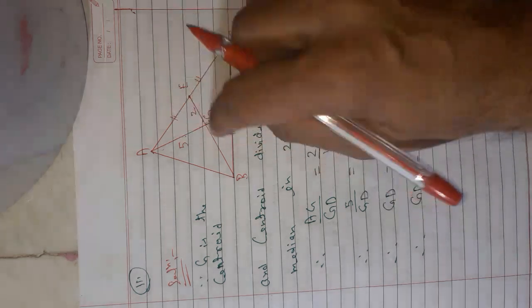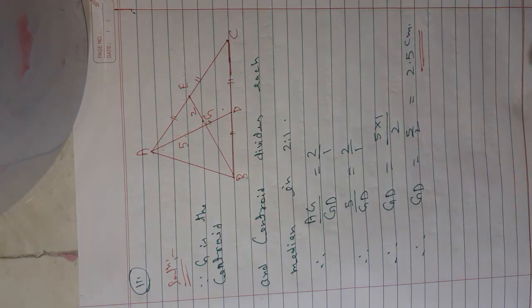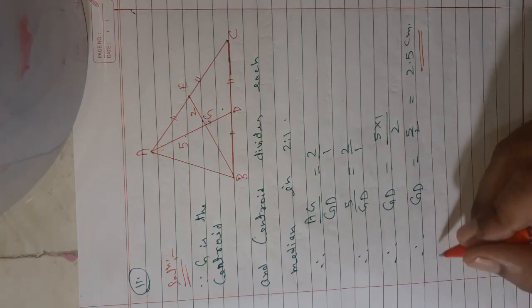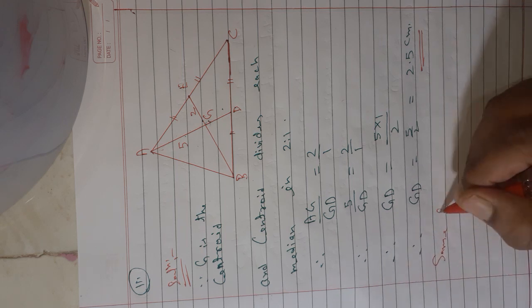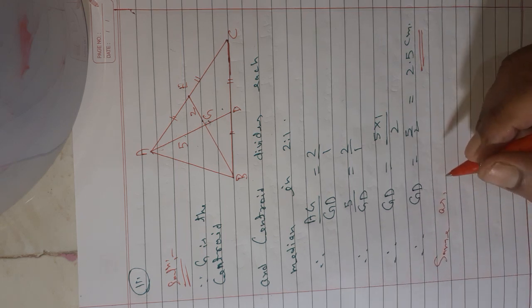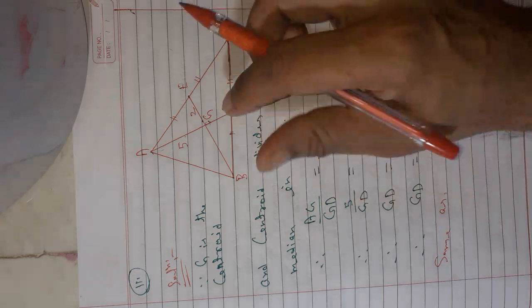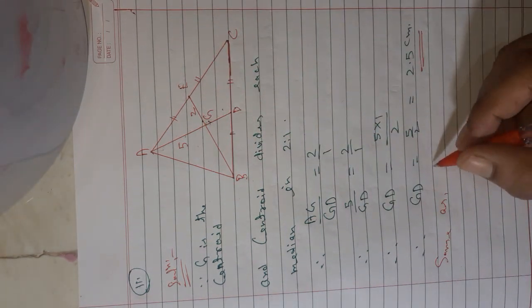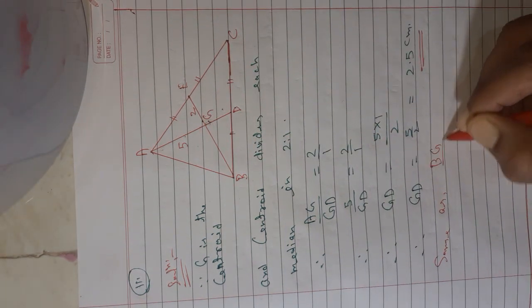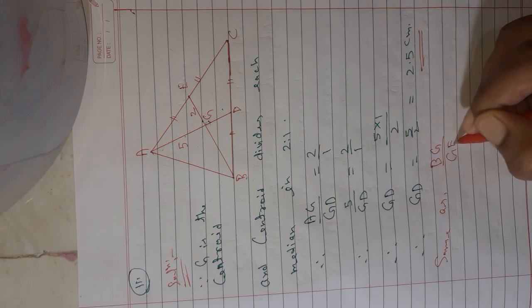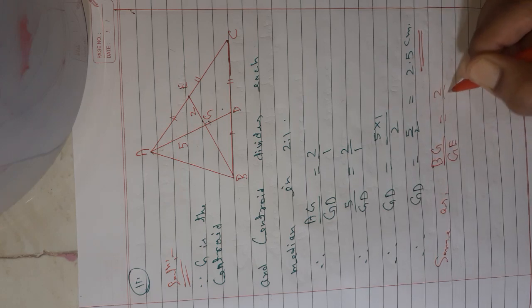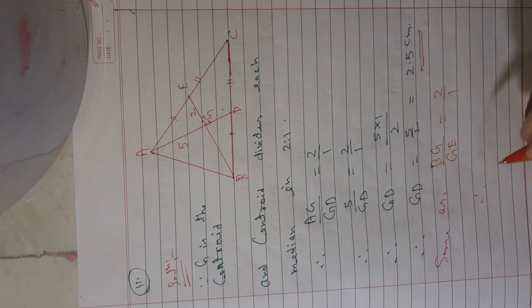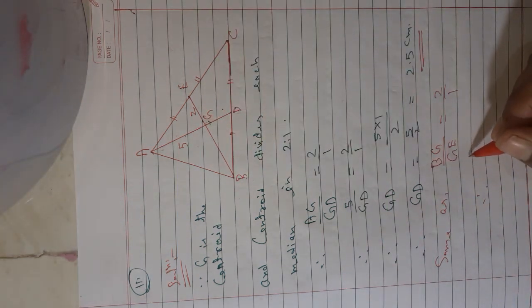Now again you have to find out the whole BE. Same as before, BG upon GE. BG upon GE is equal to what? 2/1. Clear? Therefore BG is equal to how much?